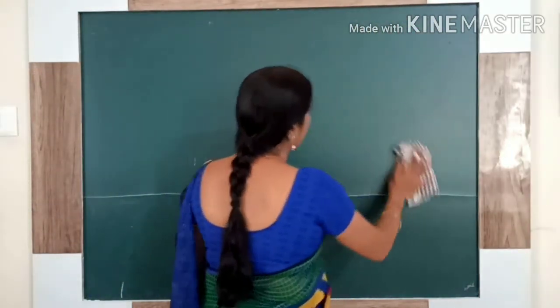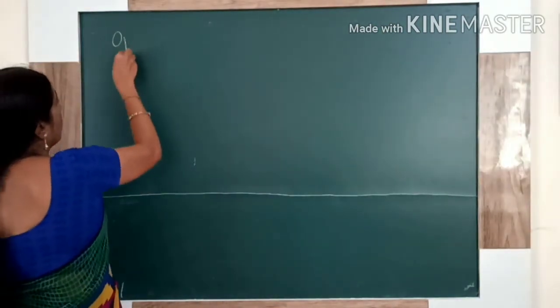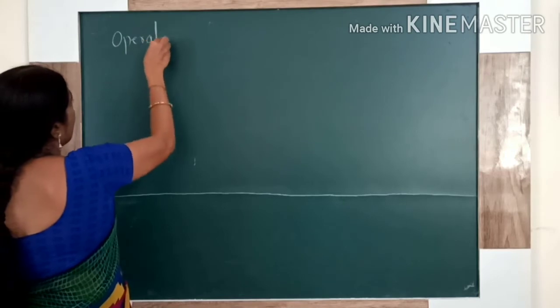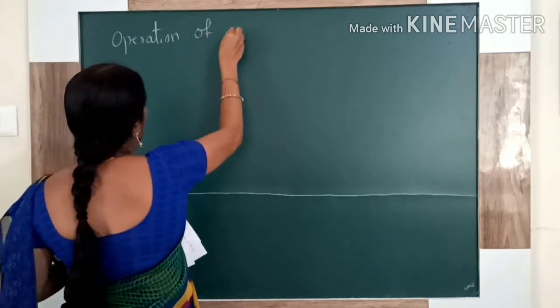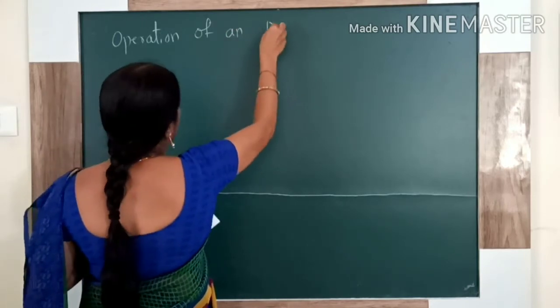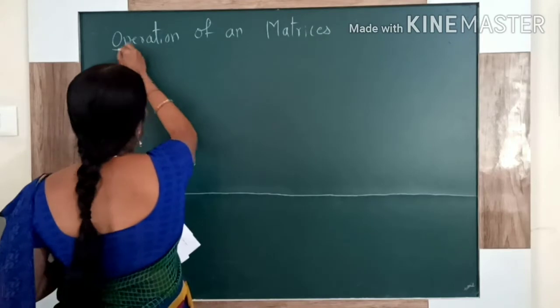Now students, we are going for the operations of matrices. Operation means what? Addition, subtraction, multiplication, division. But now I am giving them one by one. There is no division. It is addition, subtraction and multiplication.